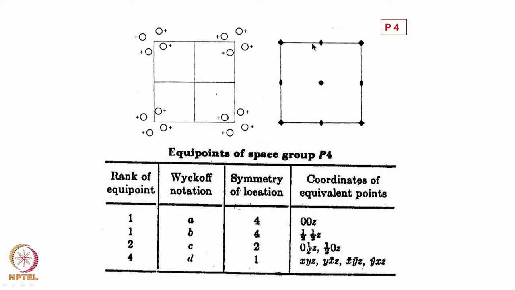But unless I keep it at another point also here, by a lattice translation vector I cannot generate it. So if 2 atoms are going to be in this lattice, it will not have a 4-fold symmetry. So to exhibit the 4-fold symmetry for this unit cell, one more position has to be chosen, correct? This is what it means.